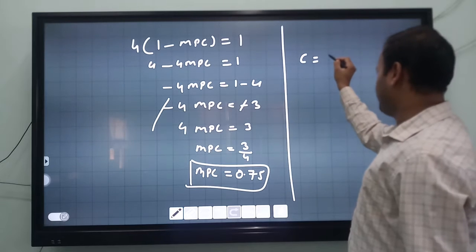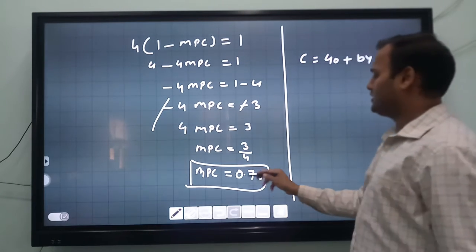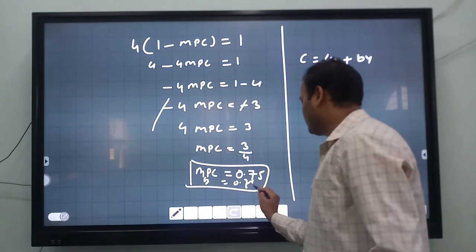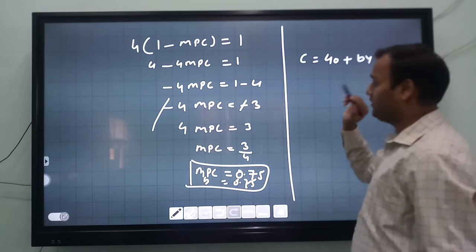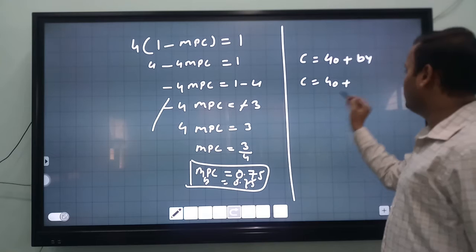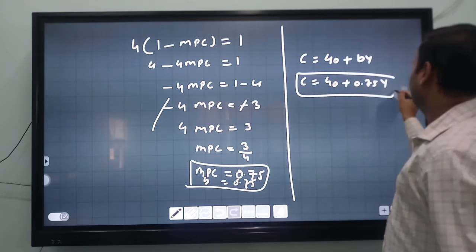Now the consumption function is what? 40 plus BY. Putting the value of B, which is 0.75, in equation 1, C is equal to 40 plus 0.75Y.